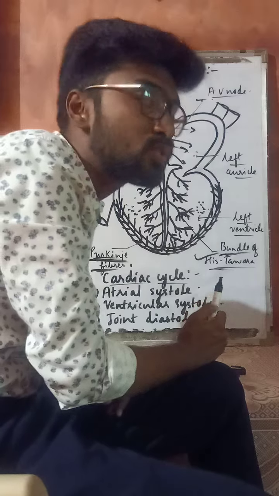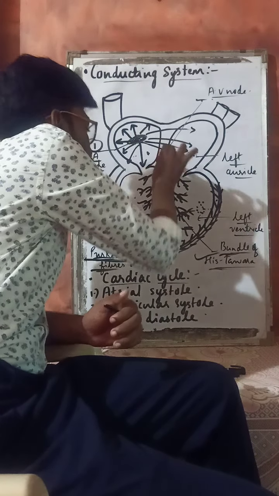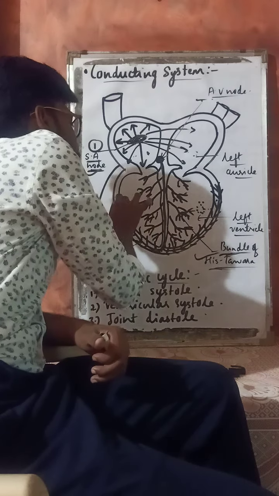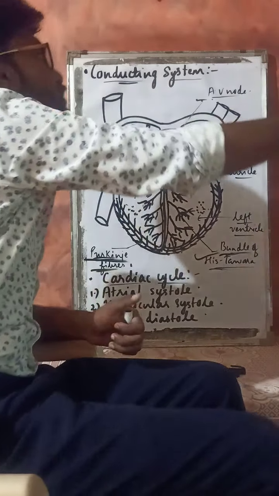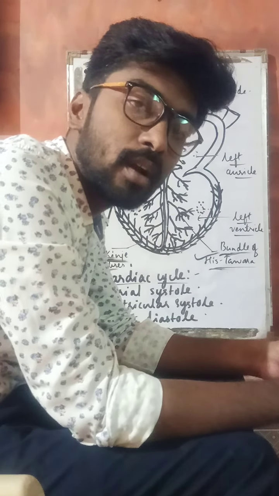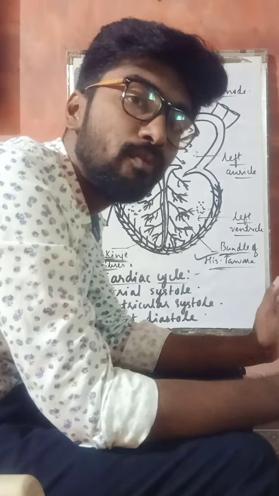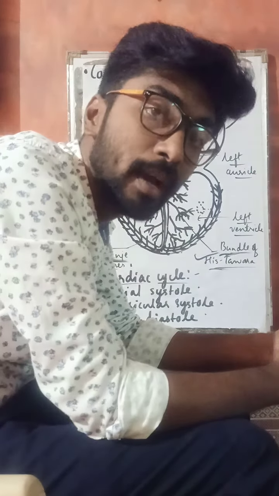So this sequence, where the impulse travels from SA node to AV node to bundle of His Tawara, and bundle of His Tawara to Purkinje fiber, is called conducting system of the human heart. In such a way, there is a conduction of impulse from one part to another part, that is called conducting system of human heart.